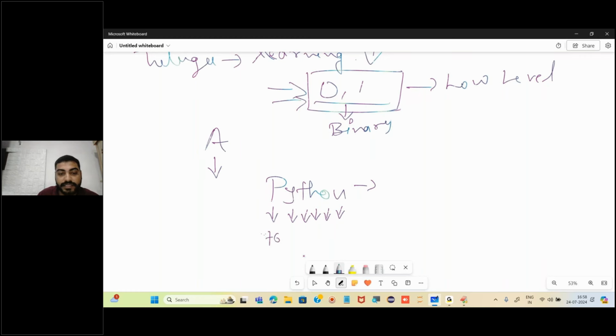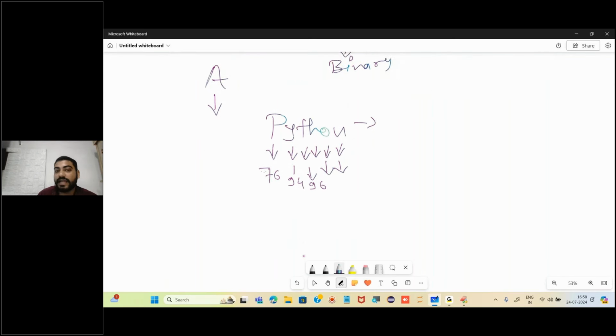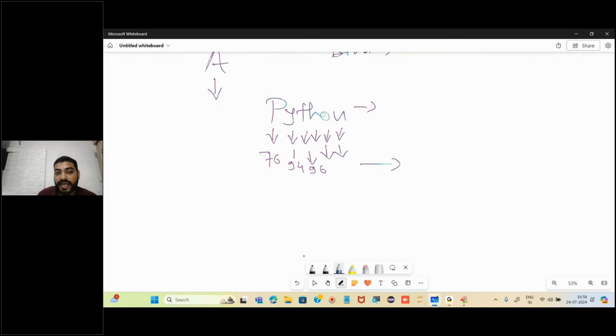For this also, let's suppose it is somewhere around 94, and for this it is somewhere around 96. For every individual character we have a particular number, and these are not the actual numbers, I will show you the actual numbers, it is just an example. Behind each number there are some zeros and ones, in this format.